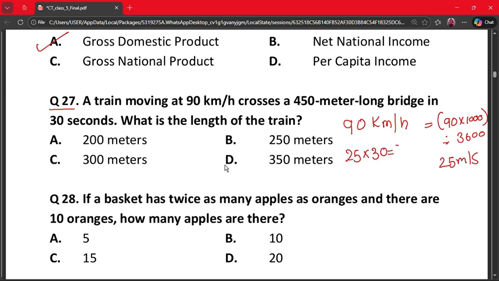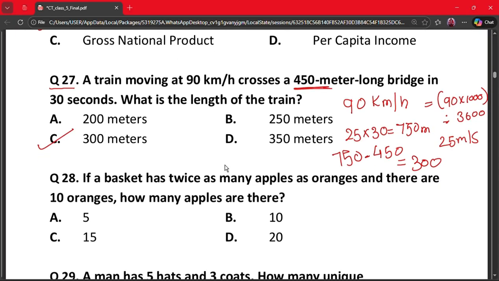This will give us 750 meters, and train plus bridge is equal to 750. So train length is equal to 750 minus 450 meters, which gives us 300. So our correct answer is option C, that is 300 meters.